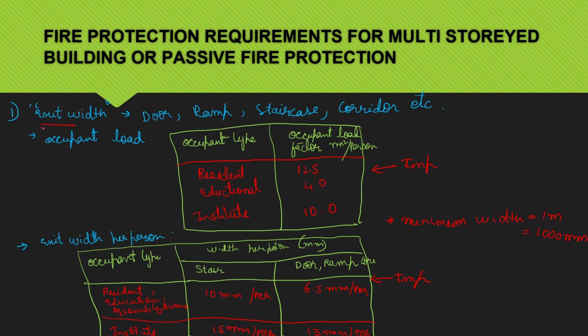This was about exit width. Let's solve problems on this in my next video, where I'll solve previous year GATE and other recruitment exam questions with some numerical questions. Next is doorway. Doorway should be a minimum of 1 meter or 1000 mm.